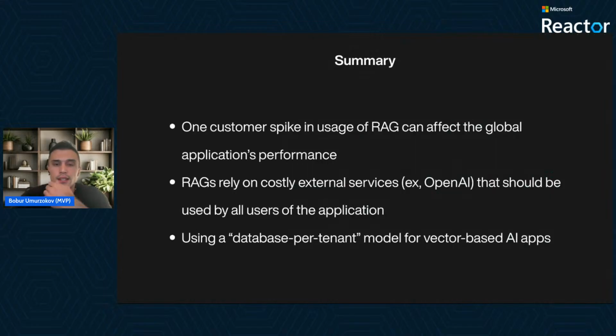But in the summary of this talk, what I want to introduce here is the problems we are solving by making a separate database for each user. Whenever one customer uses RAG, it doesn't affect global application performance.